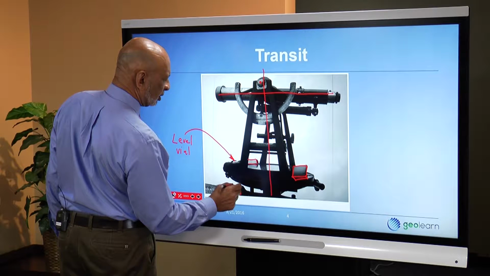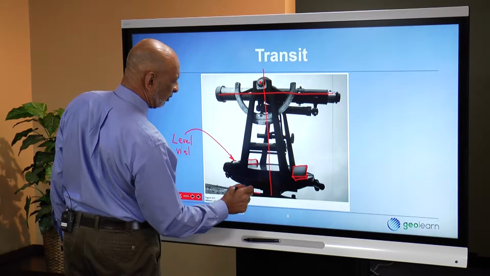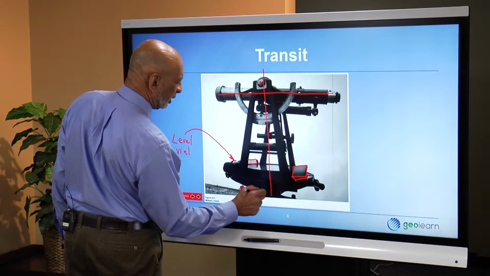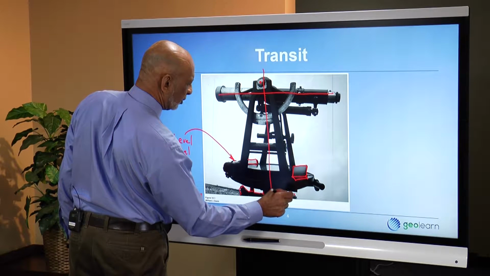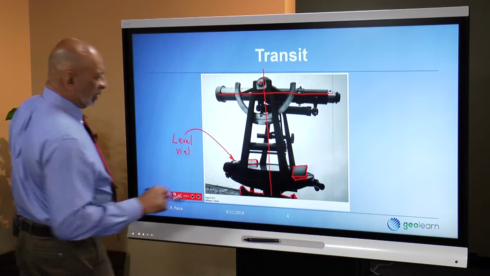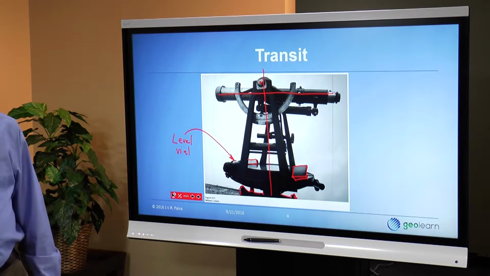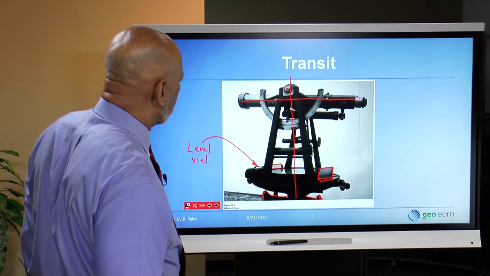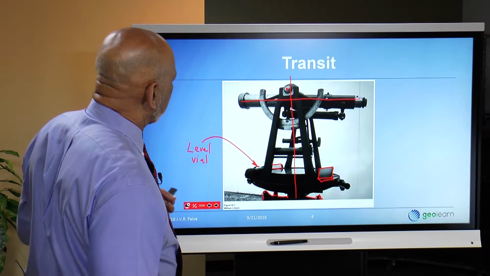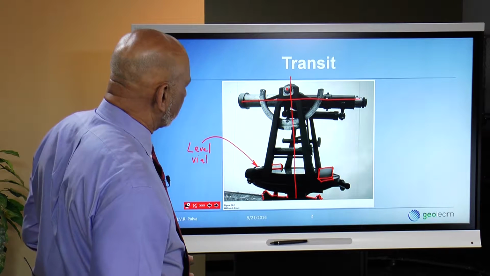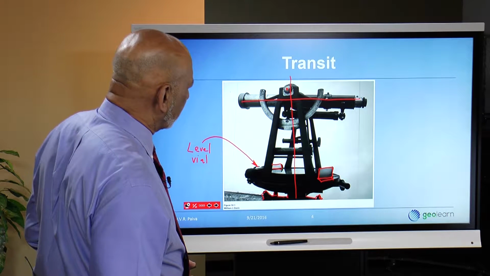And down here, it's mostly cut off in this photograph, is the leveling base for this particular type of instrument. Going into the details of exactly how that leveling base works is not so important. And there's various clamps and other things that can be used.